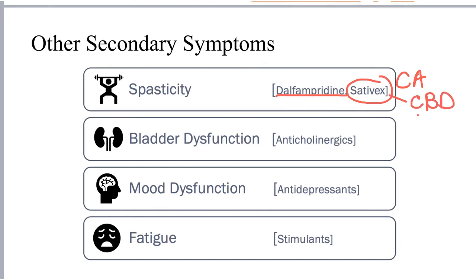For bladder dysfunction, the most common agents used are anticholinergics, and you will learn more about these when you get to the incontinence unit. For mood dysfunction, antidepressants are commonly used, and again, we will discuss these in much greater detail in the depression section shortly. For fatigue that is commonly experienced by individuals with MS, stimulants may be used to reduce fatigue.